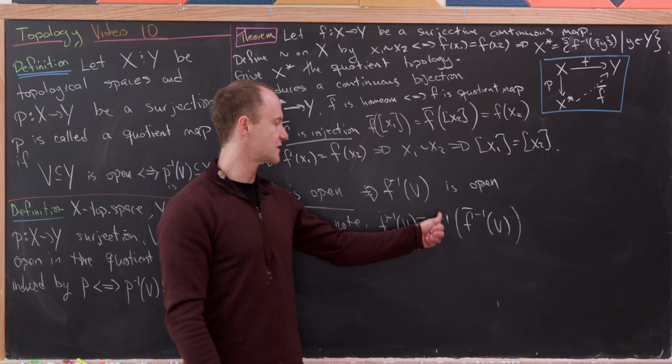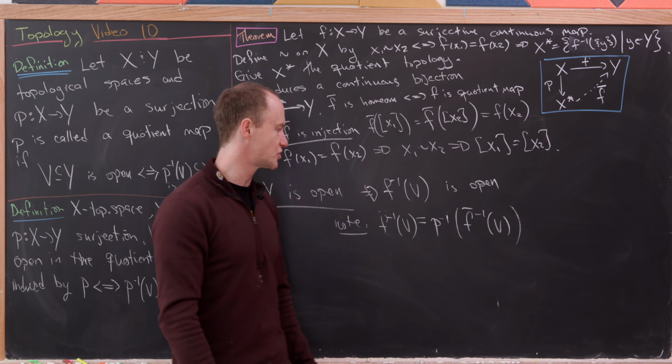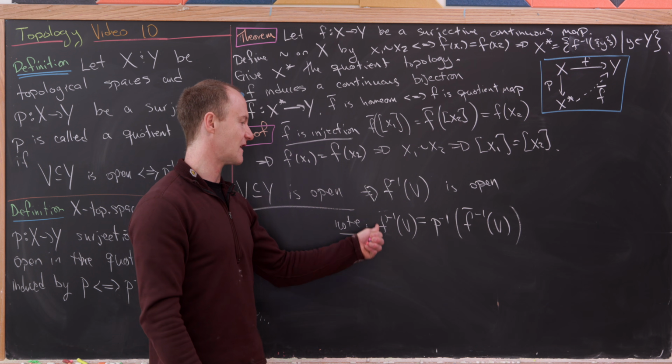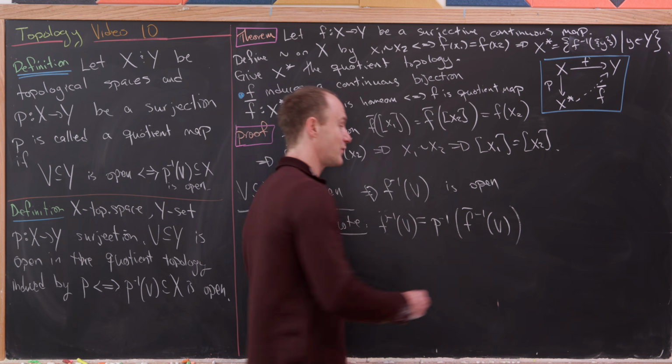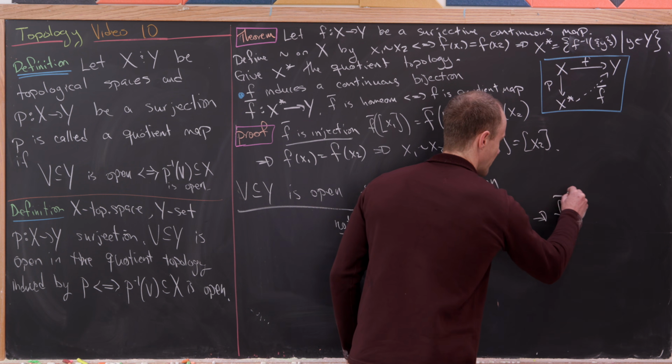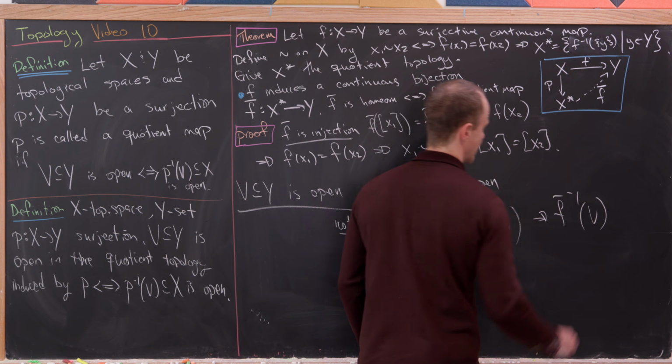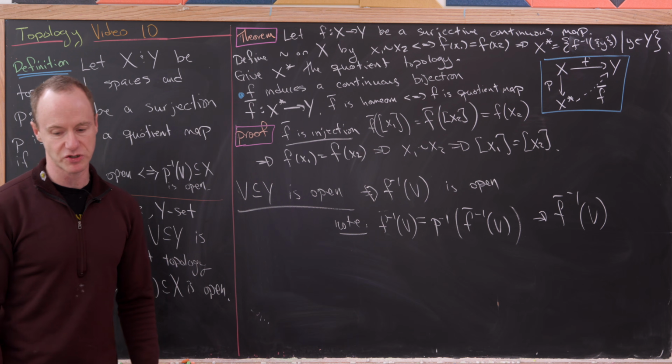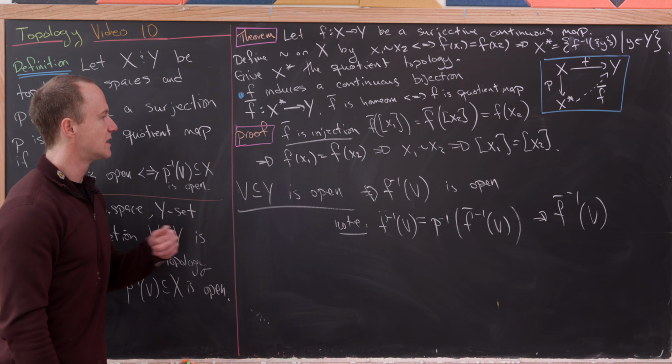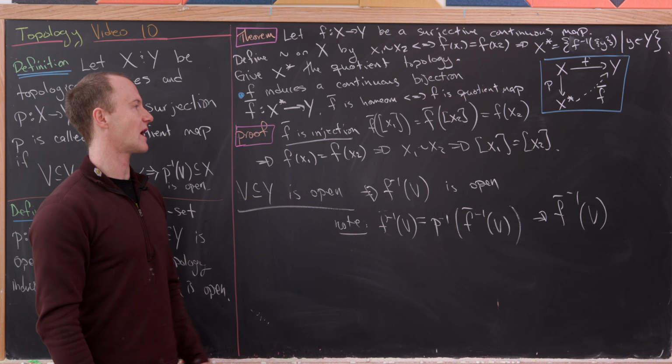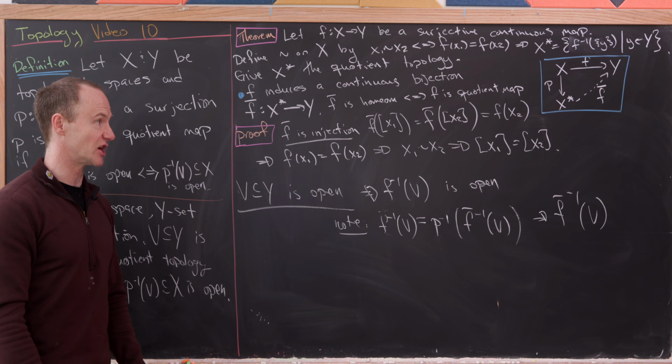But we know that P is a quotient map inducing the quotient topology. So the fact that this is open implies that the pre-image under f bar is open, just by definition of the quotient topology. And so that means that we've got this first bit right here, a continuous bijection.